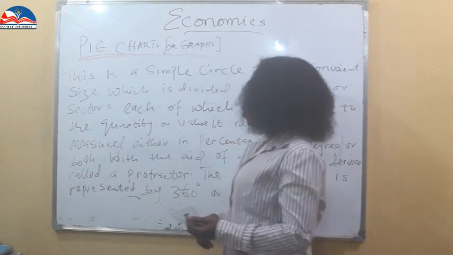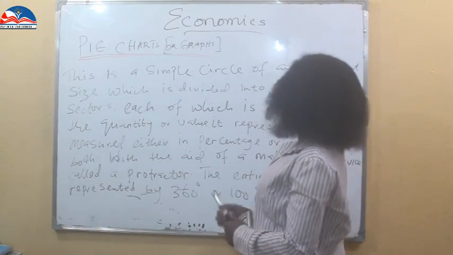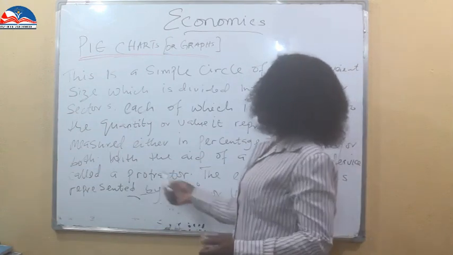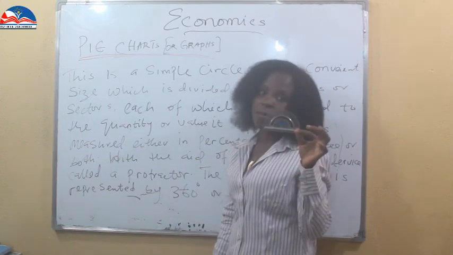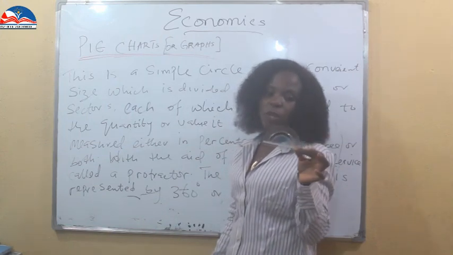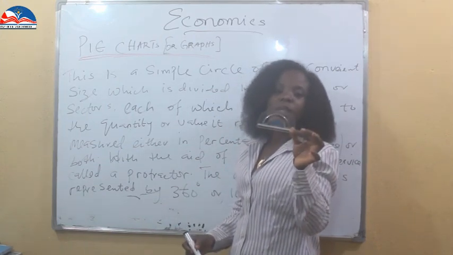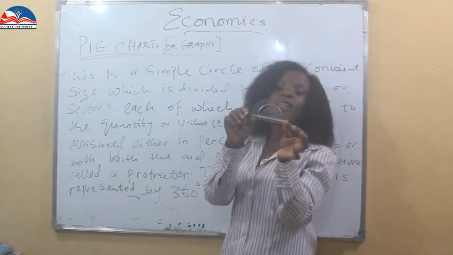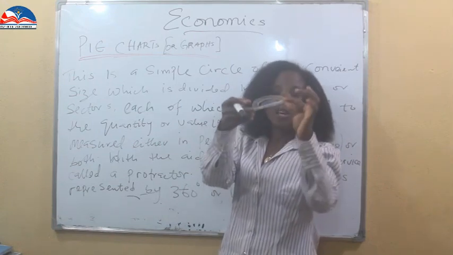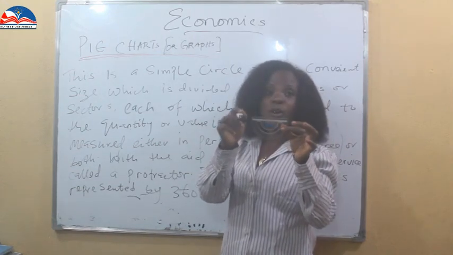I told you that it is done with the aid of a mathematical device called a protractor. This is a protractor found in your mathematical sets. It's in 360 degrees. From here to here is 180. When you turn it downwards, it's another 180.